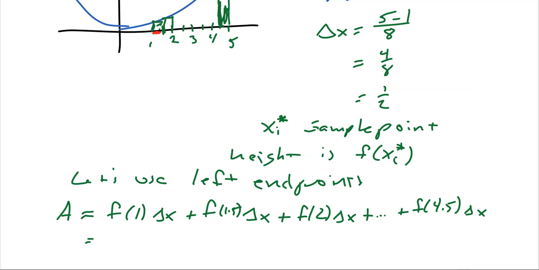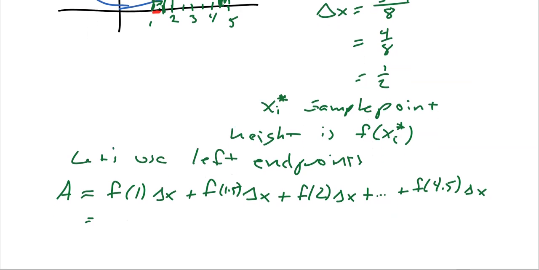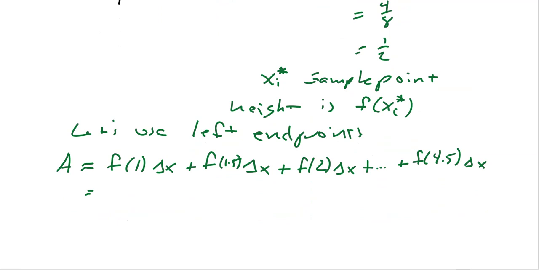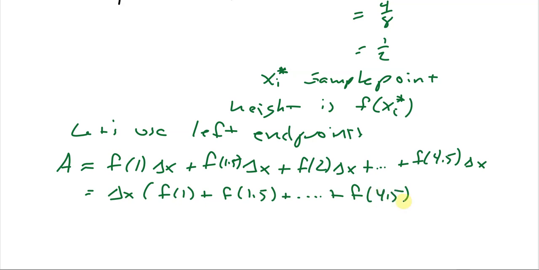So just to simplify the calculations when I type things in, notice all of these things have a factor of delta x, which we already know is 1/2. But we can always factor that out. We just get f of 1 plus f of 1.5 plus and so on, all the way down till we get to the 4.5. So that's 1/2 times, now we're just squaring things, and we're going every half.